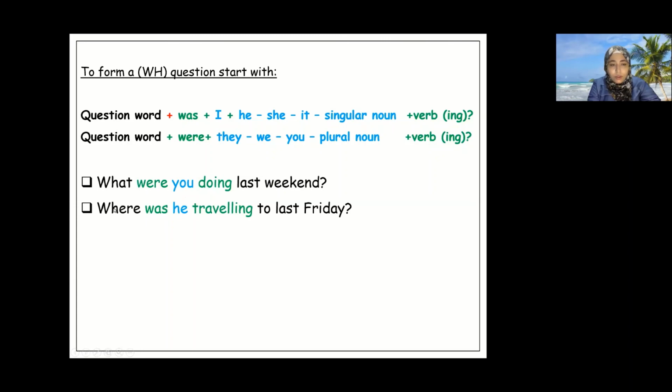So the WH word where, then was, which is the auxiliary, plus he, which is the subject, and after it, verb ing, and the rest of the question, to last Friday. And we spoke here about the past tense, to say that this happened in the past, and we are asking about an action that happened in the past.